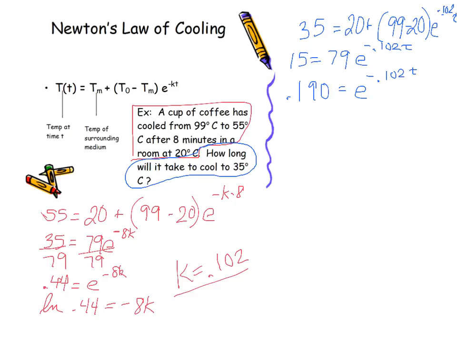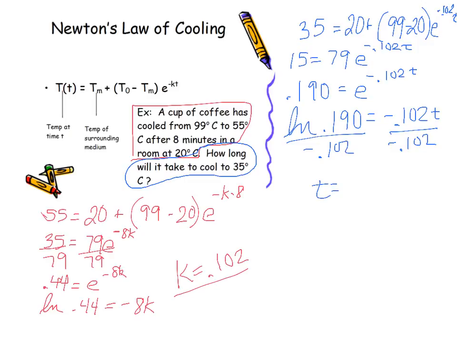And then I'm going to switch to a logarithm and divide by the negative K value. In my calculator, I would type natural log of second answer. I still have that number sitting there. And then I'm going to divide it by negative alpha K.